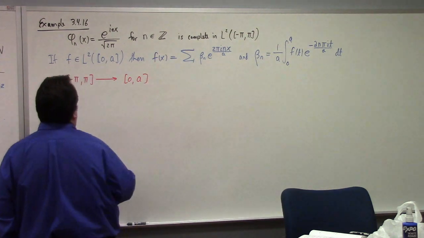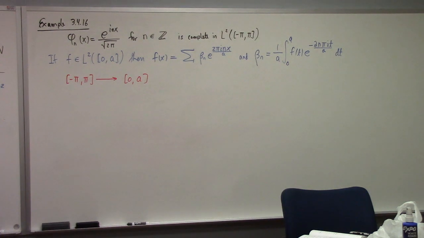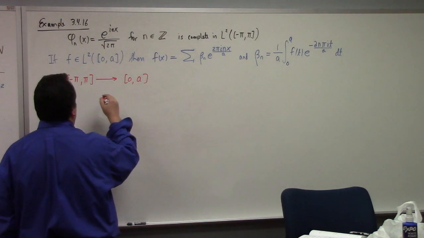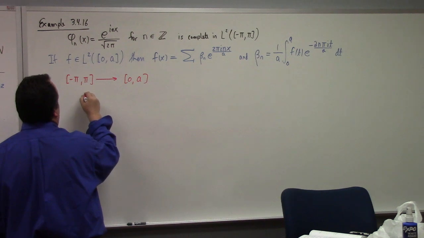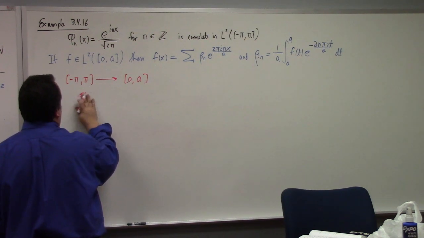How about this? How do we go from minus pi to pi onto 0 to a? What would the map be? We'll assume a is positive. You want minus pi to map to 0, and then you want pi to map to a. Let's not use f, that's already been used.